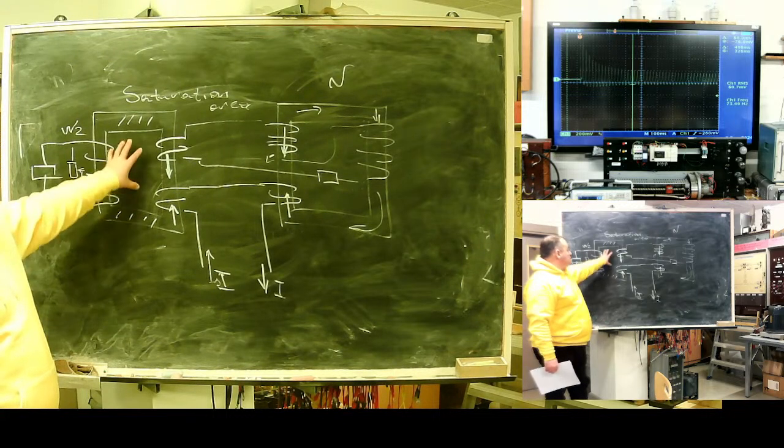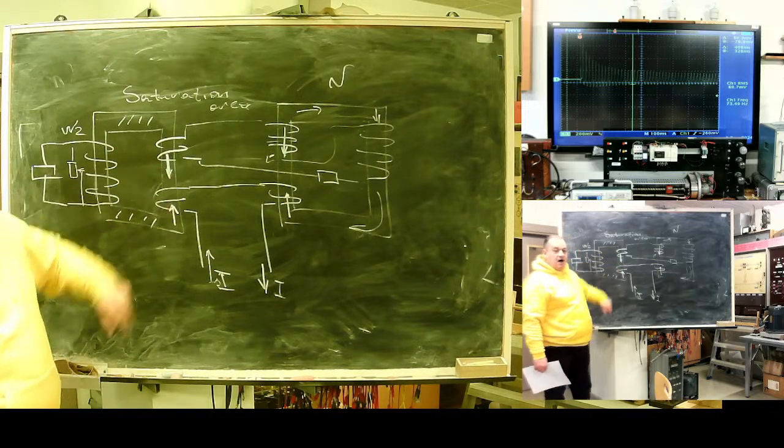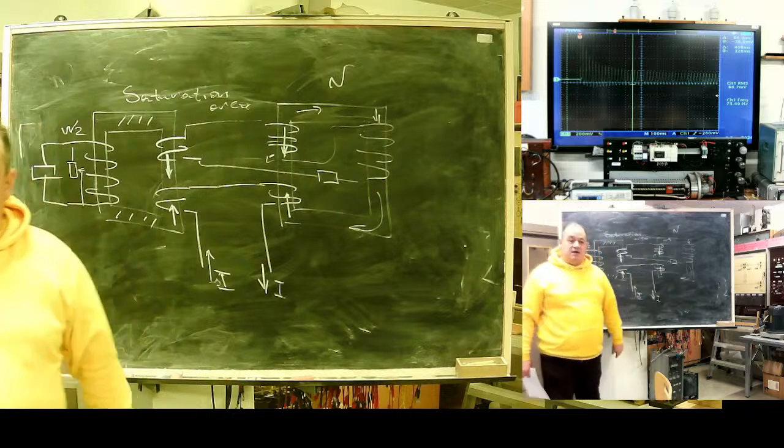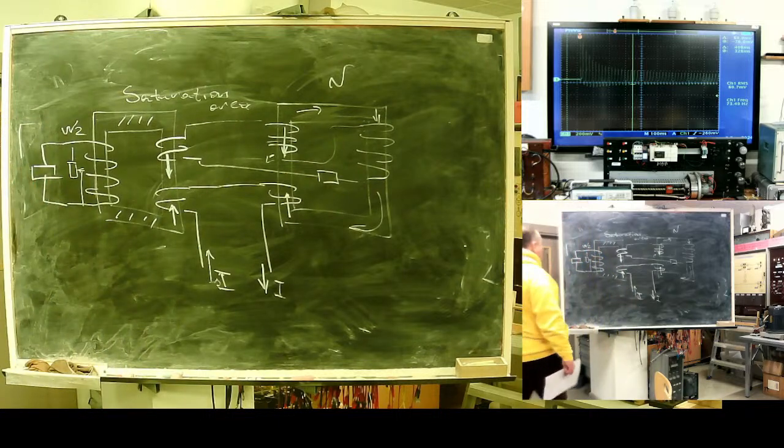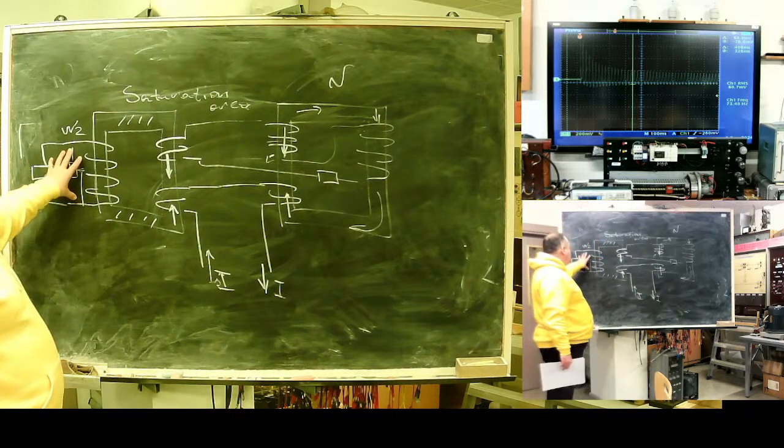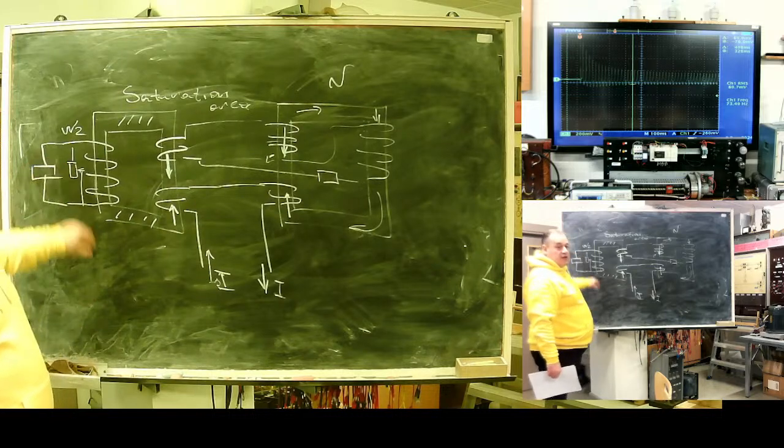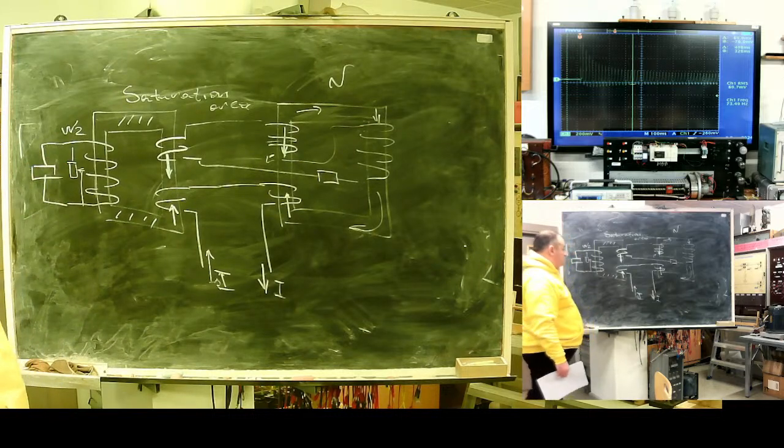Induction in the saturatable core is low because these two fluxes are oriented one against the other. Current through the output relay is low, nothing trips.